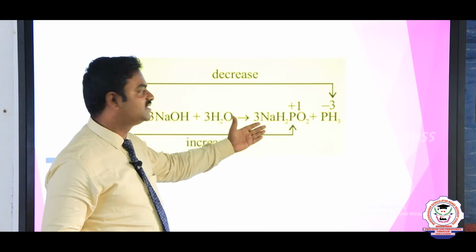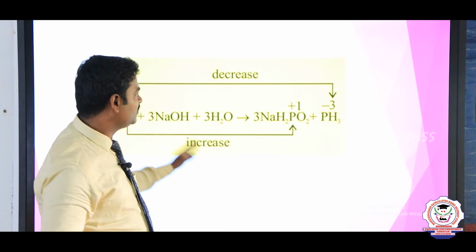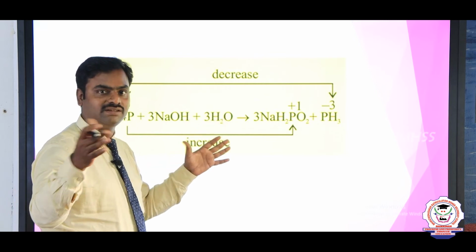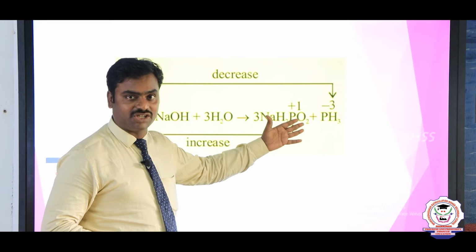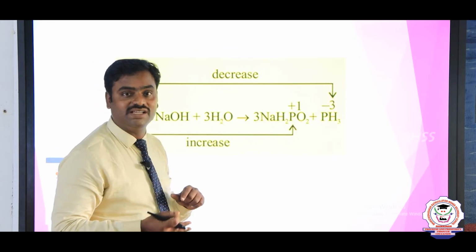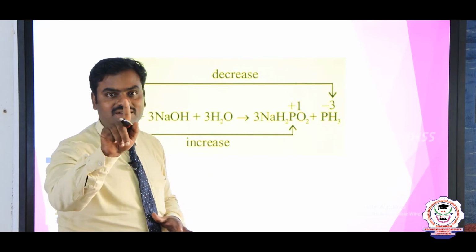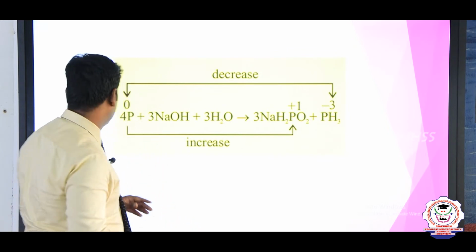In sodium dihydrogen phosphate the oxidation state of phosphorus is +1, and in phosphine the oxidation state is -3. From 0 to +1, it is losing electrons, so it is undergoing oxidation, whereas in phosphine the phosphorus carries -3 charge. Here phosphorus is gaining 3 more electrons, so it is a reduction reaction. So both are happening for a single compound, that is why it is called a disproportionation reaction.